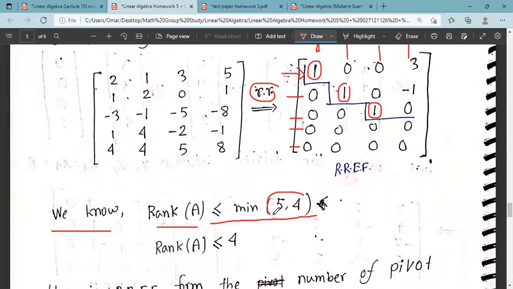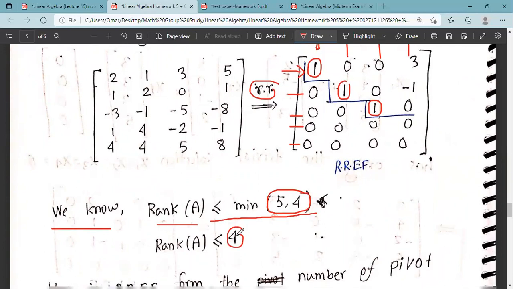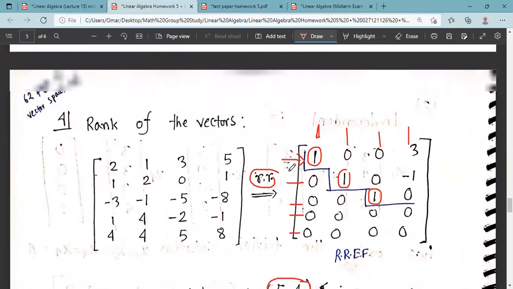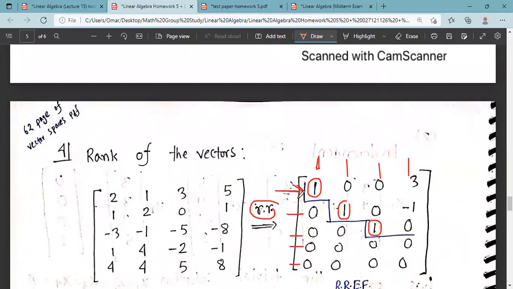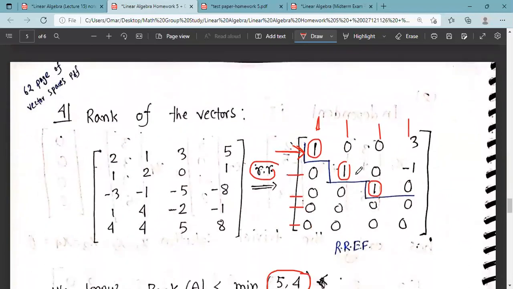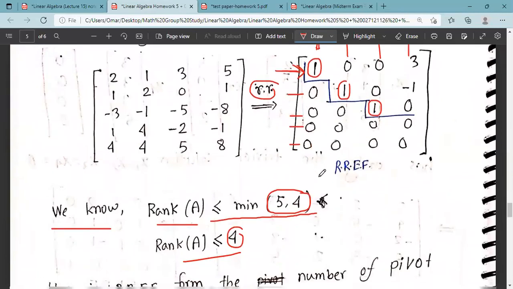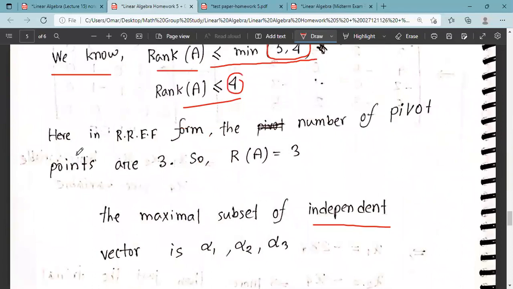Between 5 and 4, the minimum number is 4, so the rank will be less than or equal to 4. Now we find the RREF form, and we see that our rank is 3. This way we can find the rank of a matrix. I have written here the RREF form, the number of pivot points is 3, so the rank will be 3.